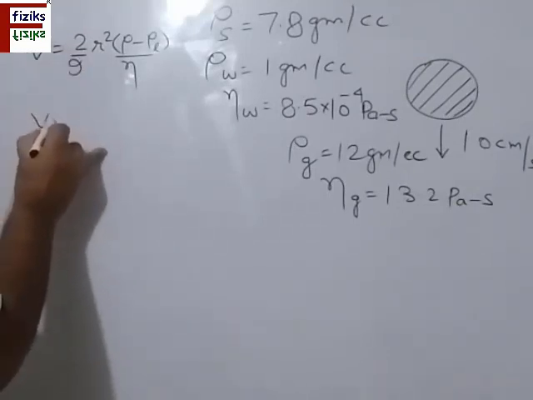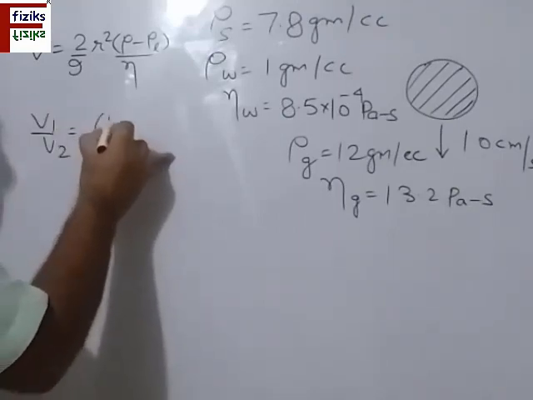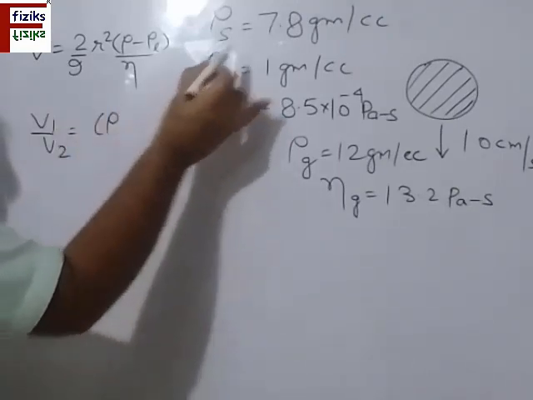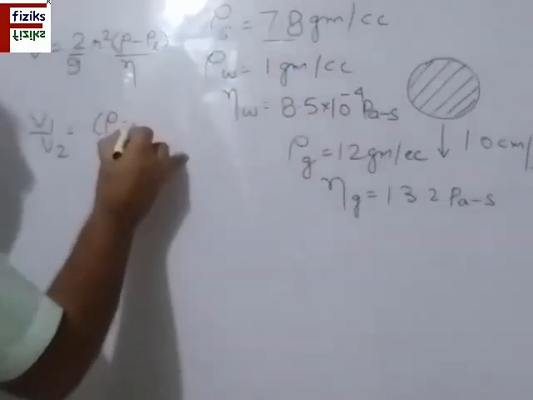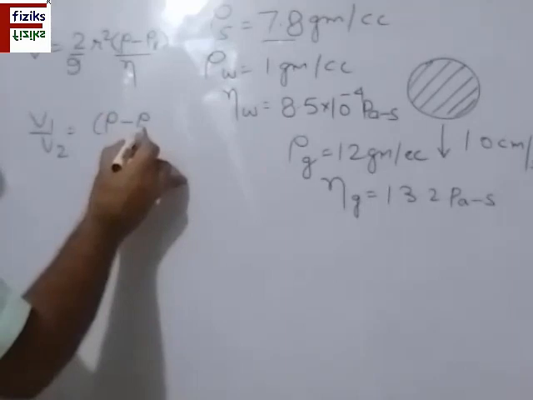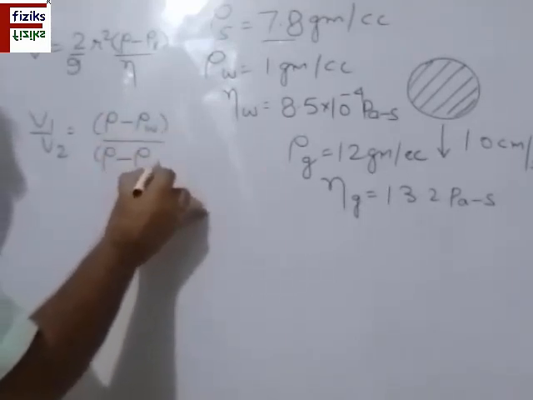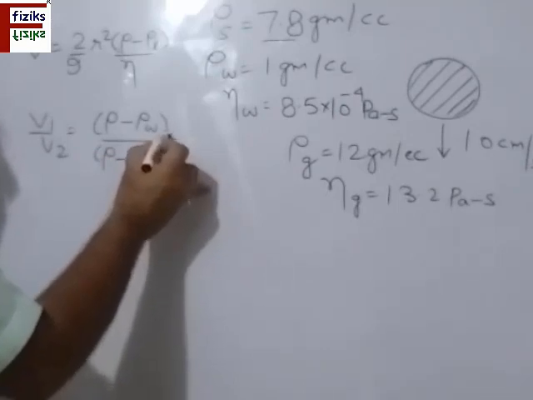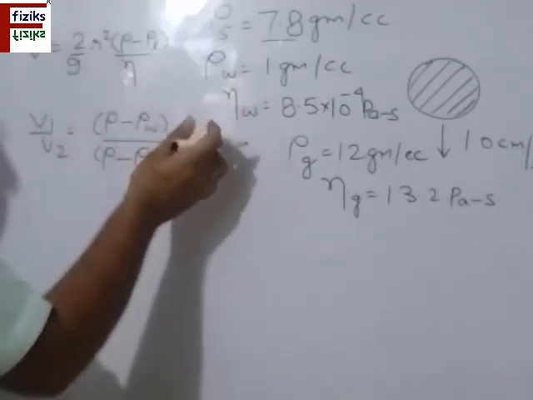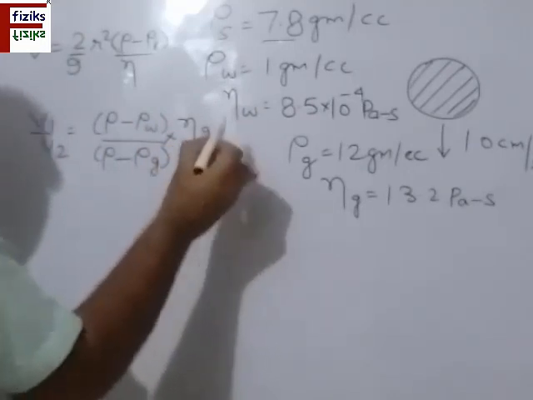So V1 by V2 in this case is equal to density of solid, which remains same for both the cases, minus density of liquid, which is in the first case water, density of water, by rho minus density of glycerin in the second case, into eta 2 divided by eta 1. 2 is glycerin, 1 is water.